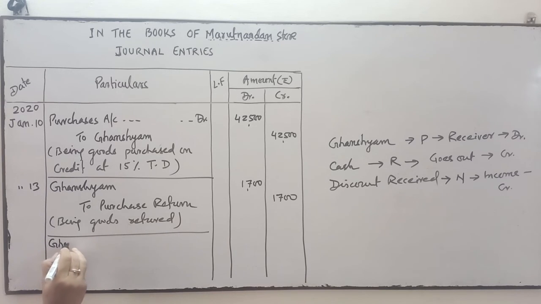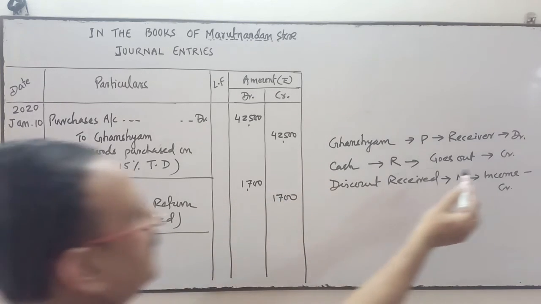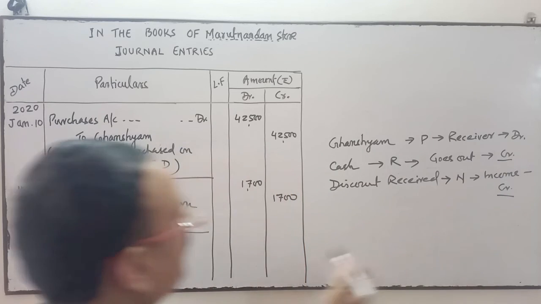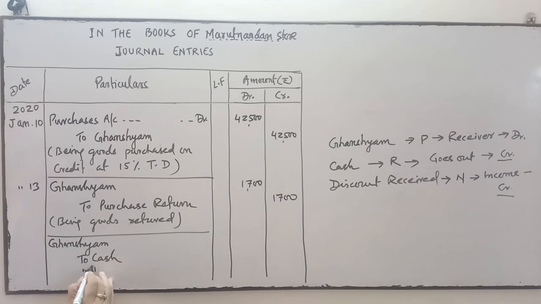Ghanshyam account will be debited by us. To cash is credit, so we'll write the to cash. Cash account is credited, and discount received will be credited. To discount received.